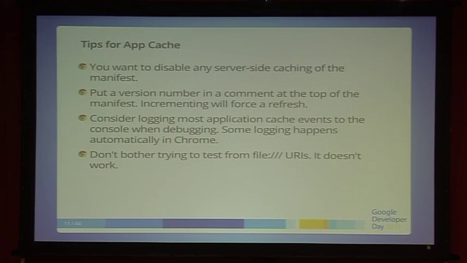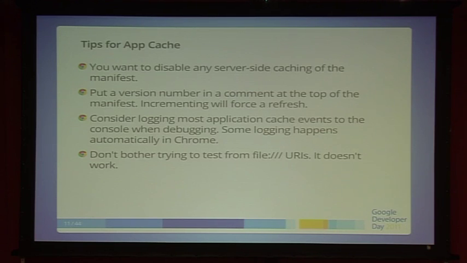So some tips for using the app cache. Manifest, you want to disable server-side caching of that, because if you have server-side caching on the manifest, then things get a bit hairy. If the manifest is cached in the browser's cache, then you need to figure out how to force the reload using the HTTP caching stuff, and that sounds a bit painful.